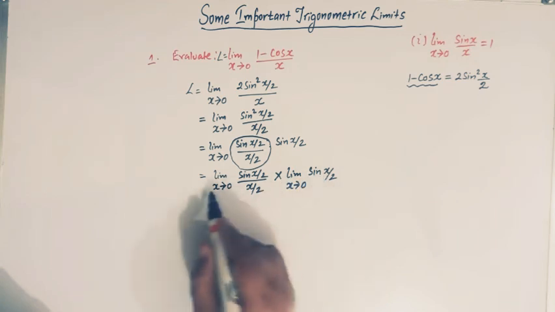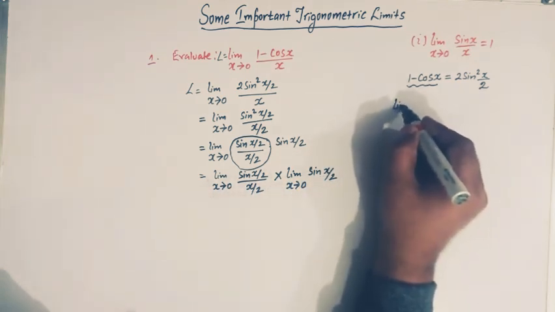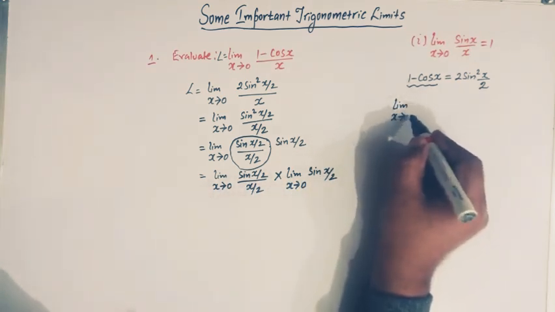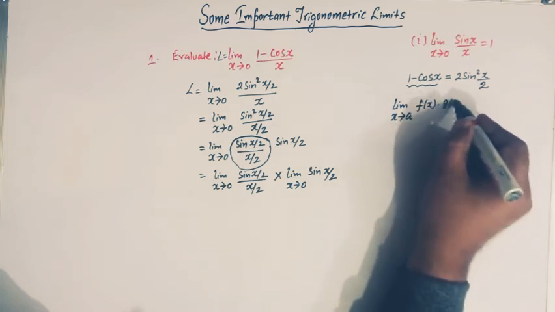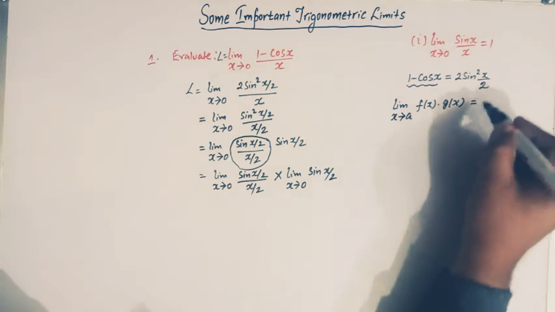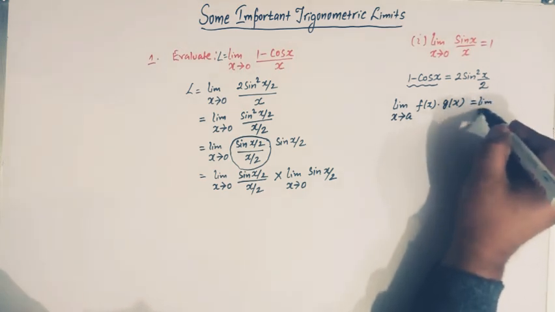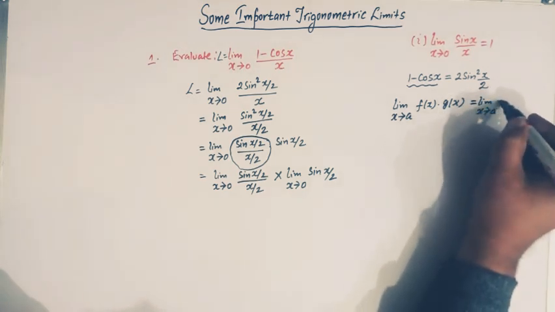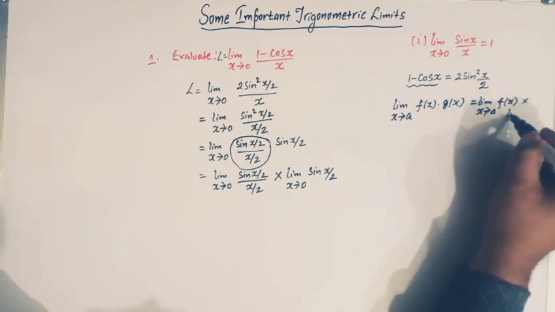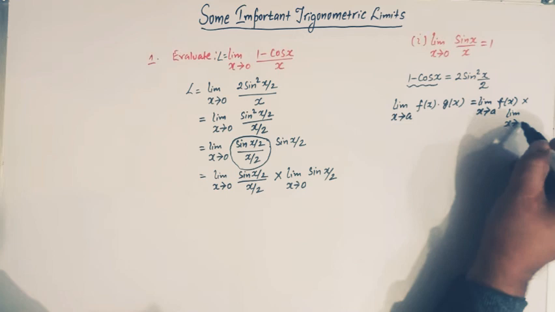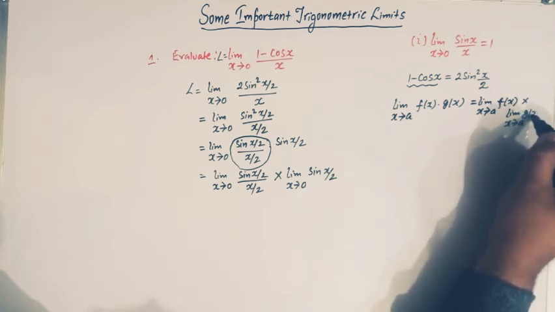So here we have used the result that if limit x tends to a of the product of two functions, then it can be written as limit x tends to a of f of x times limit x tends to a of g of x.